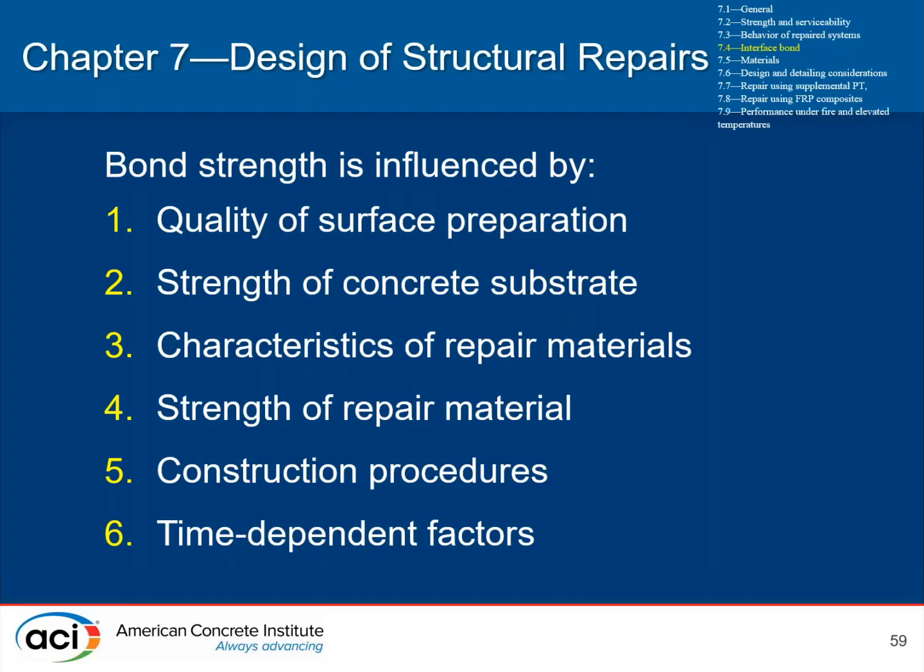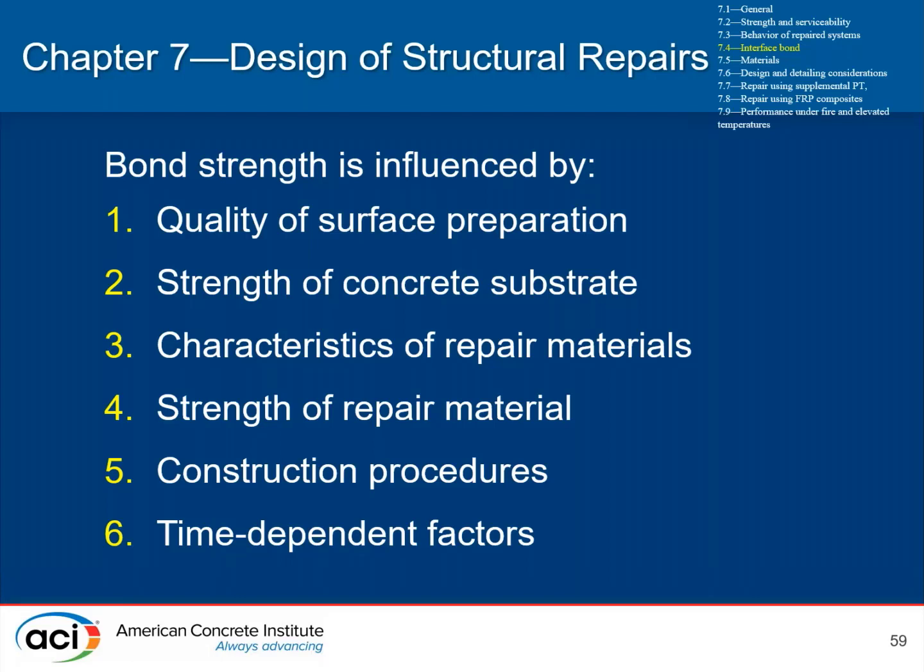The characteristics of the repair materials: repair materials, especially bag materials, have a variety of different characteristics, some of which can be more beneficial to establishing and maintaining long-term bond. We often cite volumetric change, because not just load parameters can impact the shear stress on a bond line, but also shrinkage and temperature effects can impact stress on the bond line.